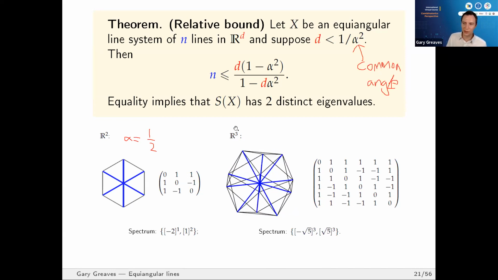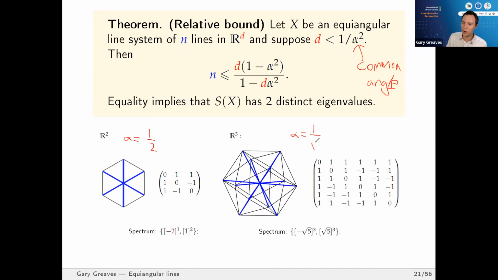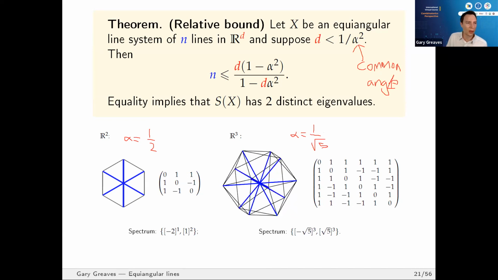Slightly more interesting case is dimension 3. So here the angle was 1 over square root 5. And this is something, again, you can check just by looking at the spectrum of the Seidel matrix. So here we have 6 equiangular lines in dimension 3. This is the corresponding Seidel matrix, a 6x6 matrix.